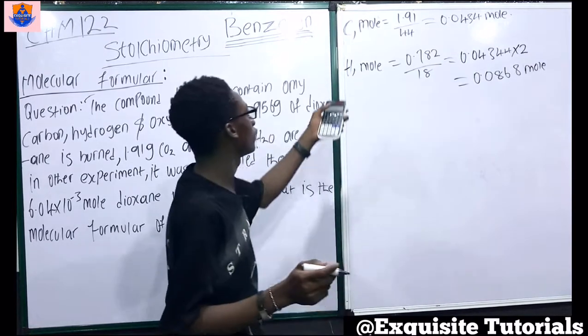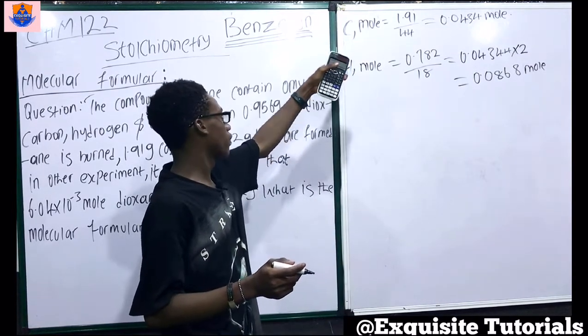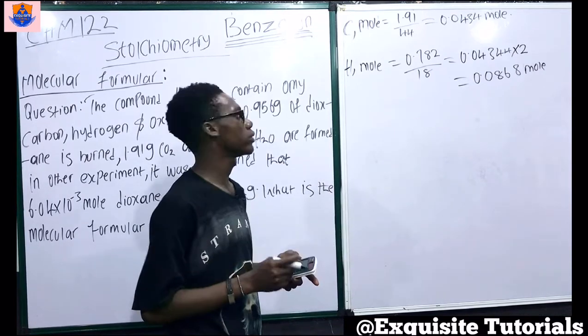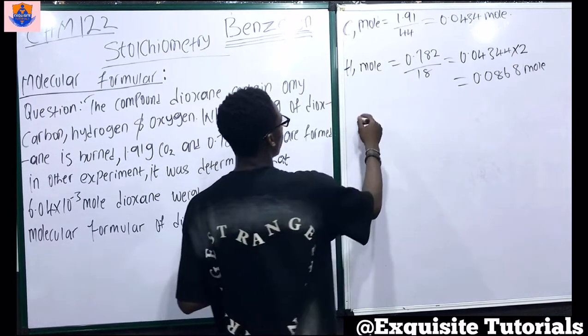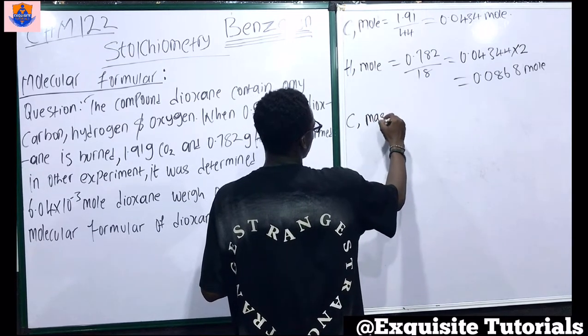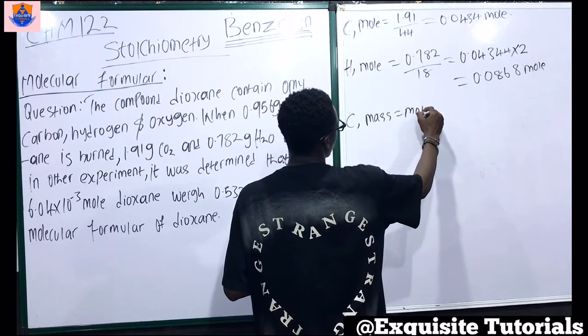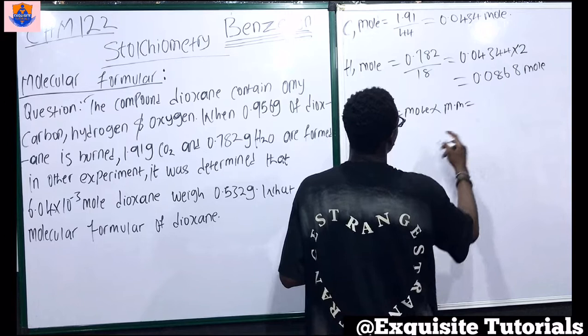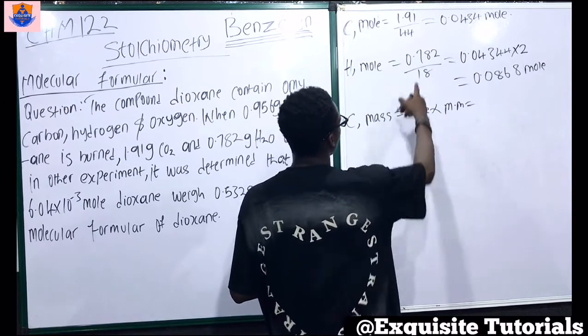And for us to find the mass of carbon and hydrogen, we have to convert the moles to grams. So remember, for carbon, mass is equal to mole times molar mass. What is the mole here?